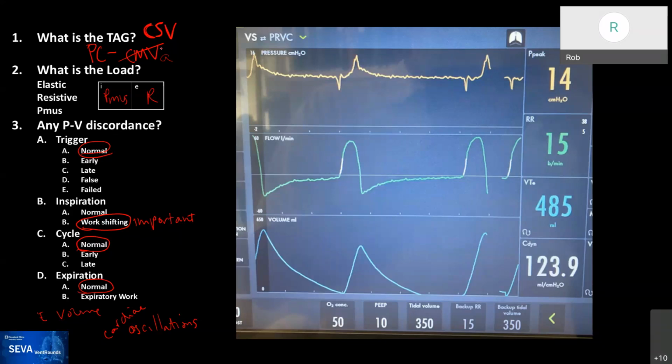So it says VS, that stands for volume support. So that's adaptive, right? And the little double arrows in PRVC, I believe that means it's switching between PRVC and VS. So PRVC on this ventilator indicates mandatory breaths.